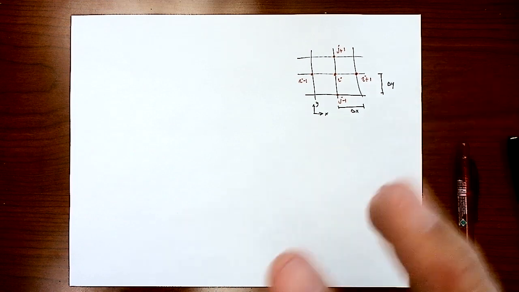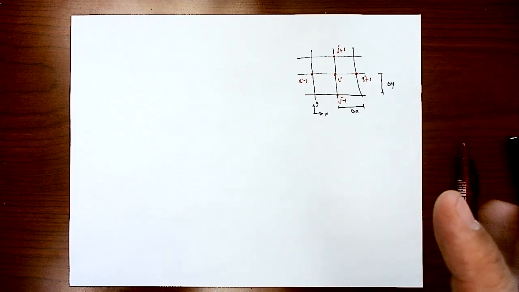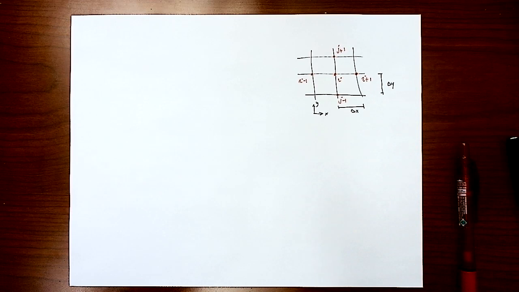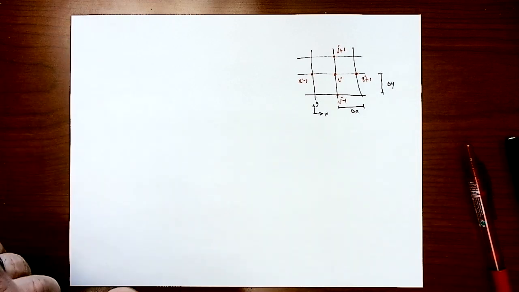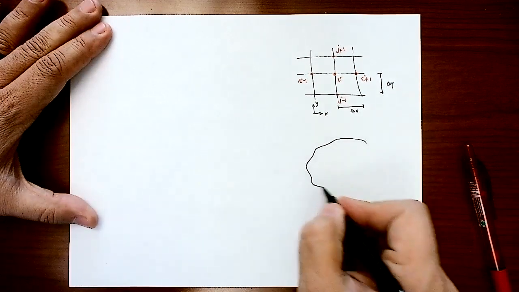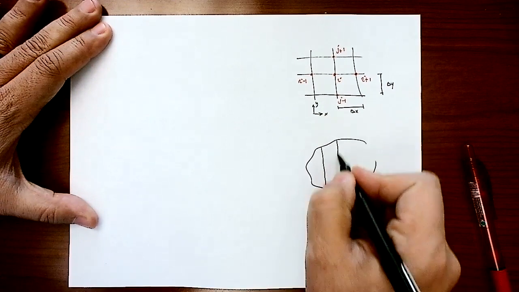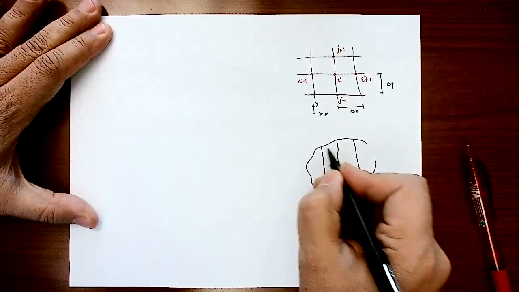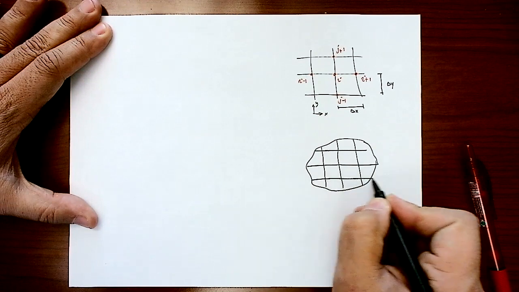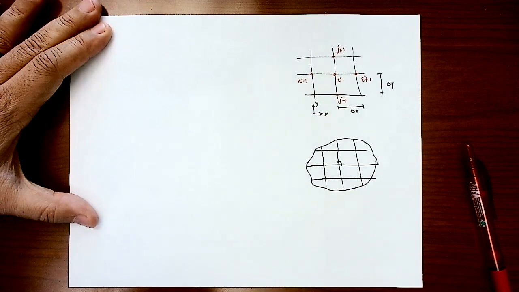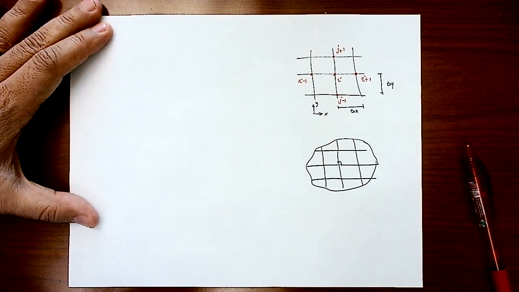It could be uniform or non-uniform, but orthogonal all the time. The meshing has to be perpendicular; the grid lines have to be perpendicular. Let me explain that again here. This is orthogonal, uniform; these lines are perpendicular. This is a structured, uniform, orthogonal mesh.